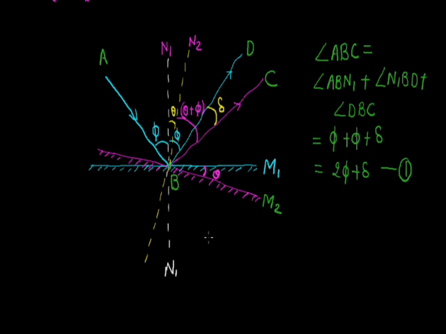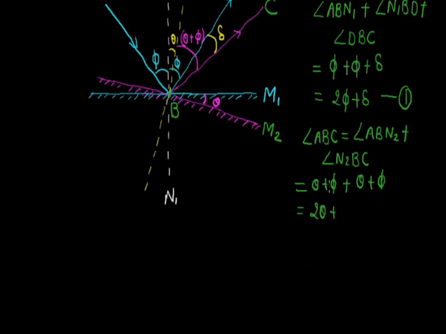Now again we can write angle ABC as angle ABN2 plus angle N2BC. Also, since angle ABN2 is theta plus phi, and angle N2BC is also theta plus phi, this becomes 2 theta plus 2 phi.